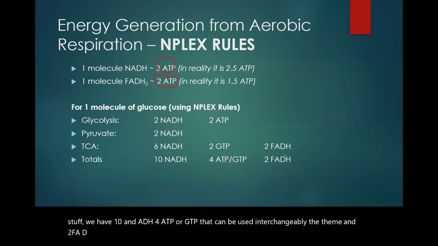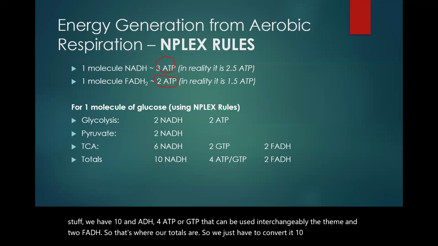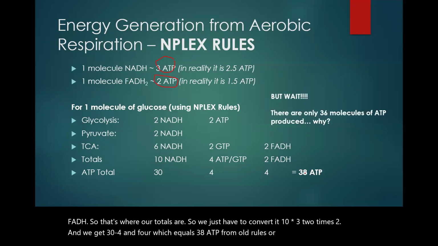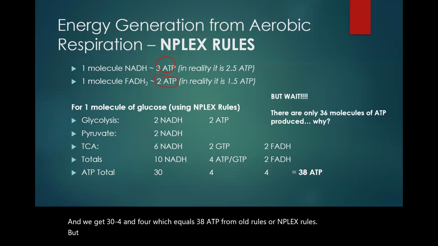So that's what our totals are. So we just have to convert it. 10 times 3, 2 times 2, and we get 34 and 4, which equals 38 ATP from old rules or NPLEX rules. But there's only actually 36 molecules of ATP produced.